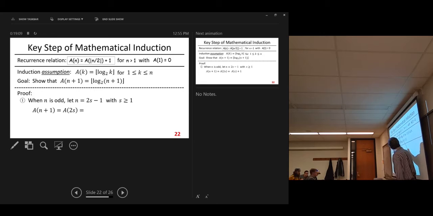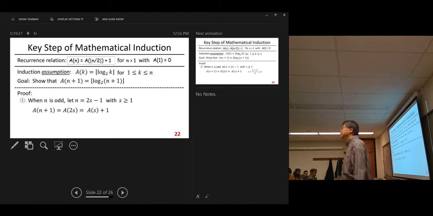Can we use the recurrence relation? We can, because a follows that recurrence relation. So by the recurrence relation it equals a of s plus 1.